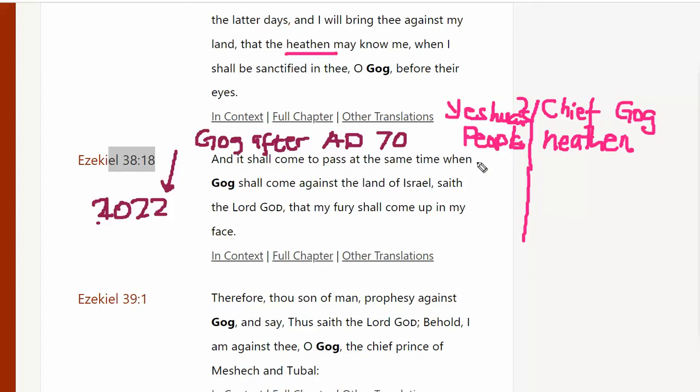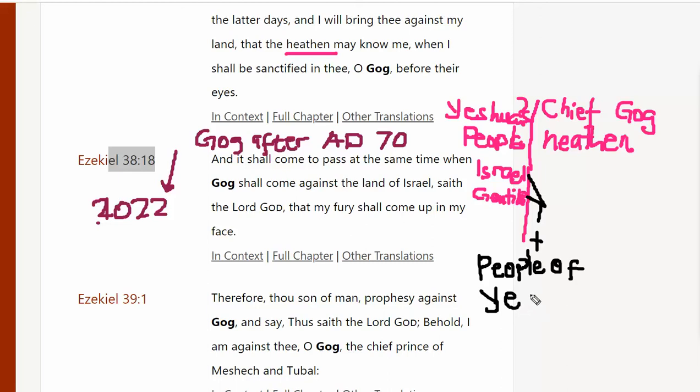Now, his people here mainly is Israel, and also Gentiles. So the Israel and the Gentiles together form, so this will be the people of Yeshua.